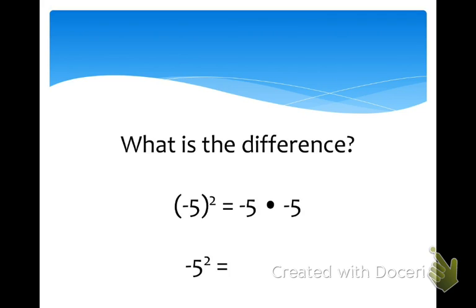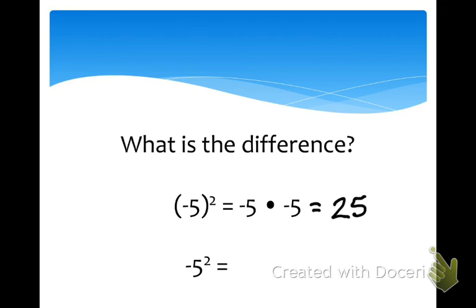Well, negative 5 times negative 5. Well, two negatives, they have the same sign. Same sign means a positive answer. Okay, I can get behind that. So I know 5 times 5 is 25, okay?